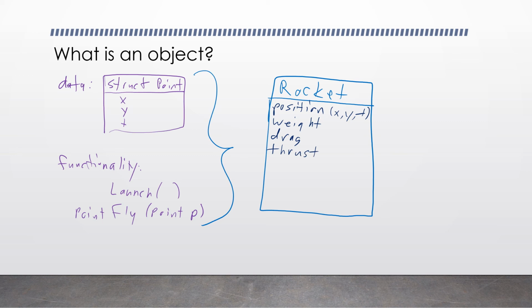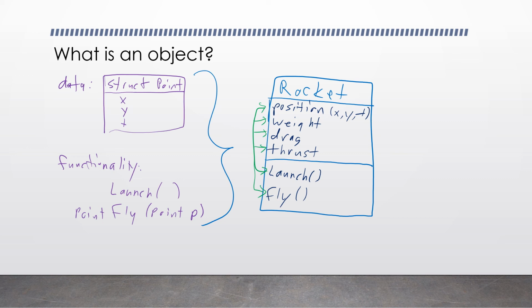And it would keep track of all those things for us so we didn't have to remember them in the program. And then it would have built-in functions called launch and fly that didn't need to be passed any data because they already have access to these pieces of data in the rest of the rocket itself.